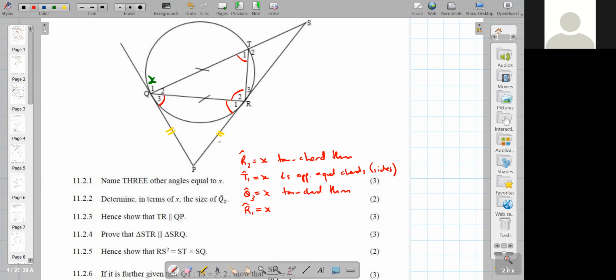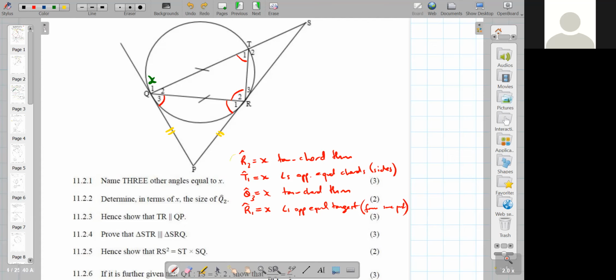That's why you get an isosceles triangle, and those are the angles opposite equal sides. So angles opposite equal tangents, tangents from the same point. Or otherwise, you can always say tan chord theorem looking at the other one. We actually find the four angles with the reasons equal to X.